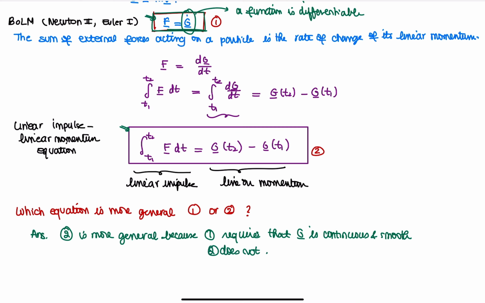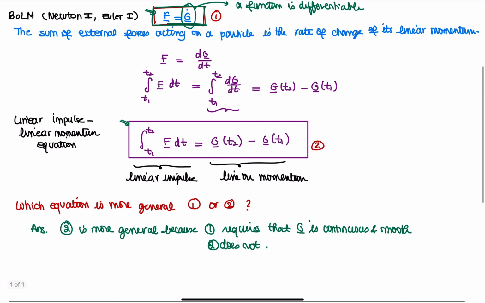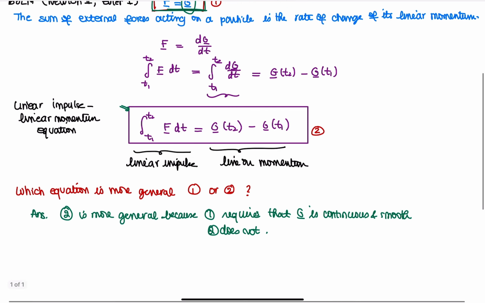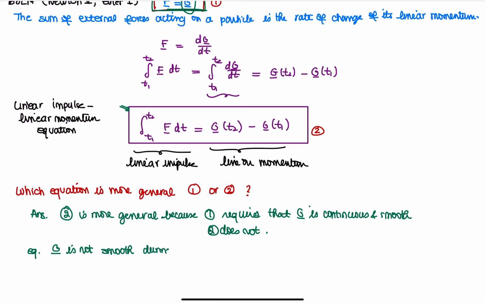In what cases would g not be continuous or not smooth? If you have sudden changes in velocity, maybe if you have impact, for example. So there's a sudden change.